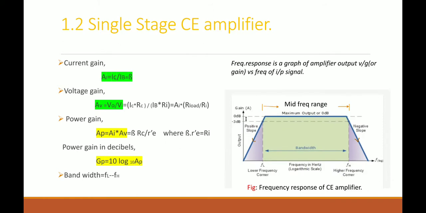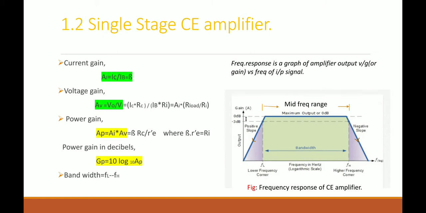Now what is the current gain? How to calculate the current gain, voltage gain, power gain, and the bandwidth? The current gain is nothing but the ratio of collector current IC to the base current, that is also represented as the beta value.